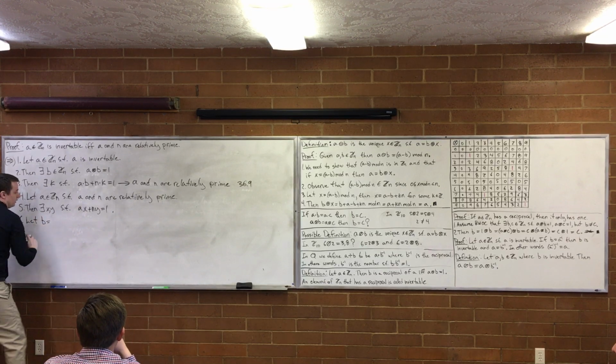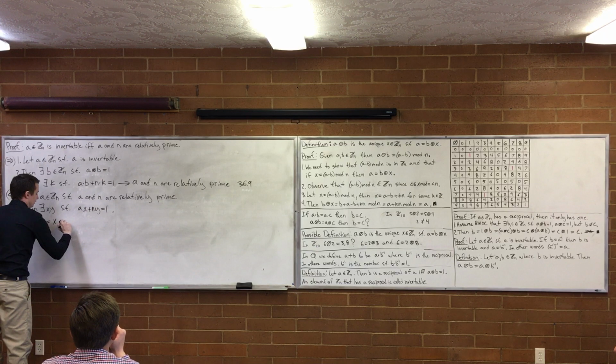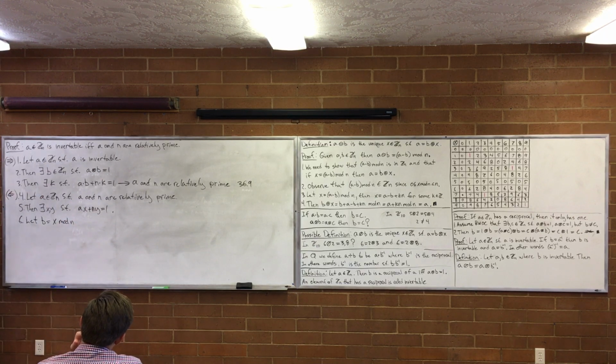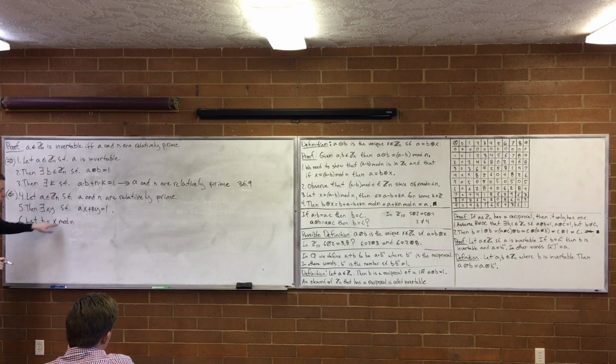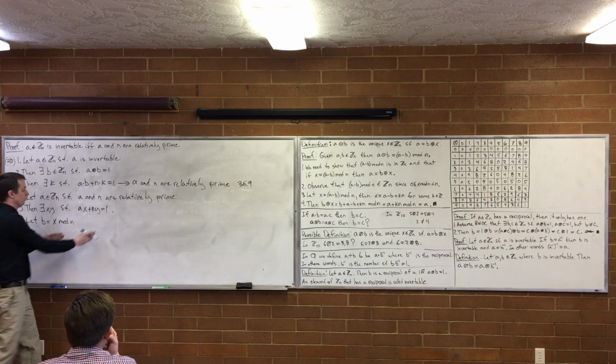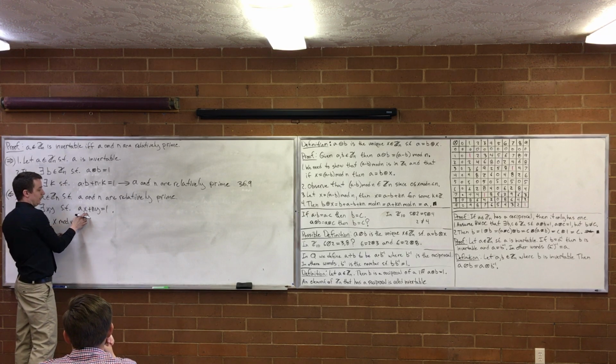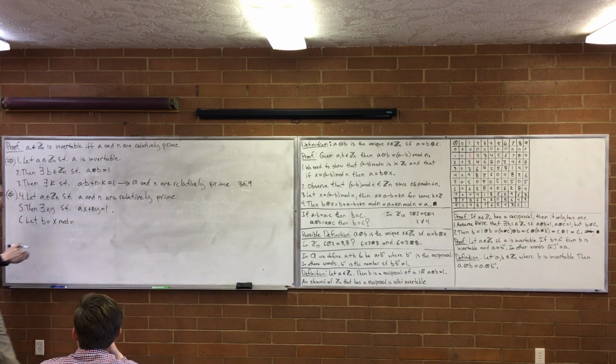Let B equal X mod N. And then this B is going to be the multiplicative reciprocal of A. So I'm going to show that this B is it, but do you see how the B is obviously going to be it? Because once you mod both sides of this by N, you're going to get AX mod N is equal to 1. So whatever that X mod N is.